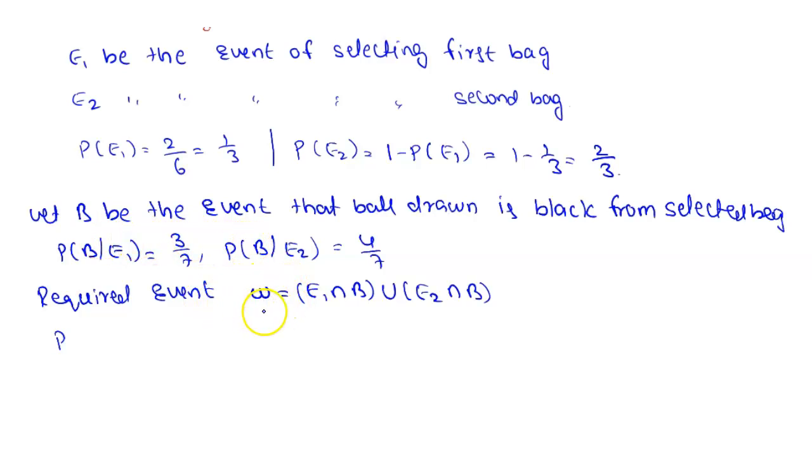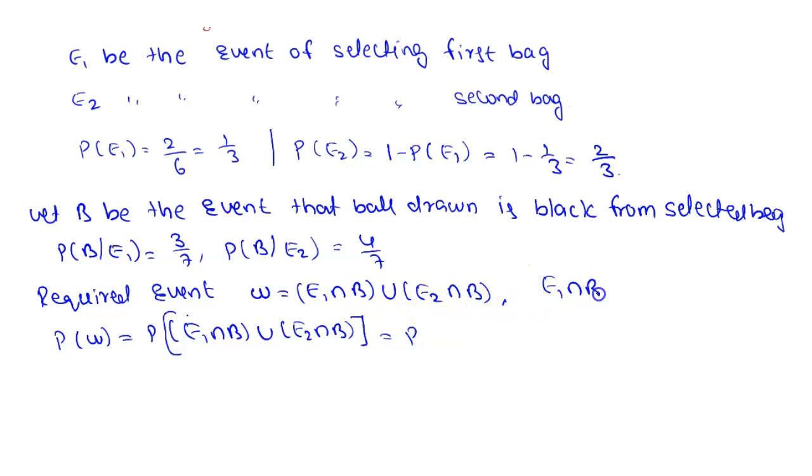For that only I changed that event as W. Okay, right. So P of W is equal to P of E1 intersection B union E2 intersection B.